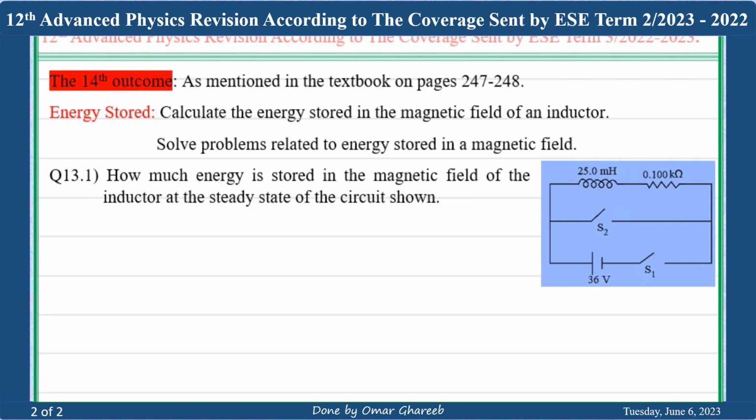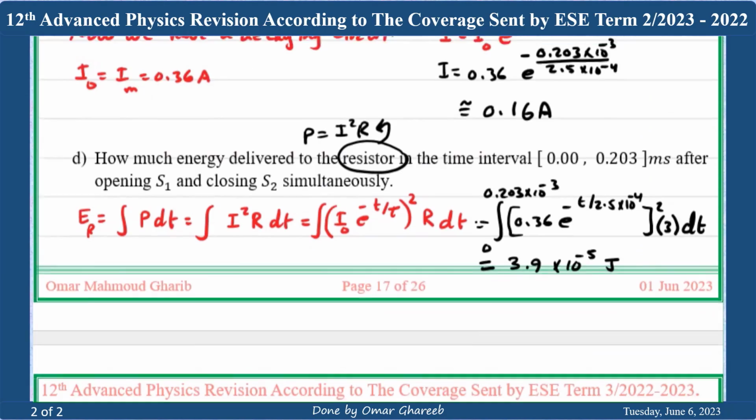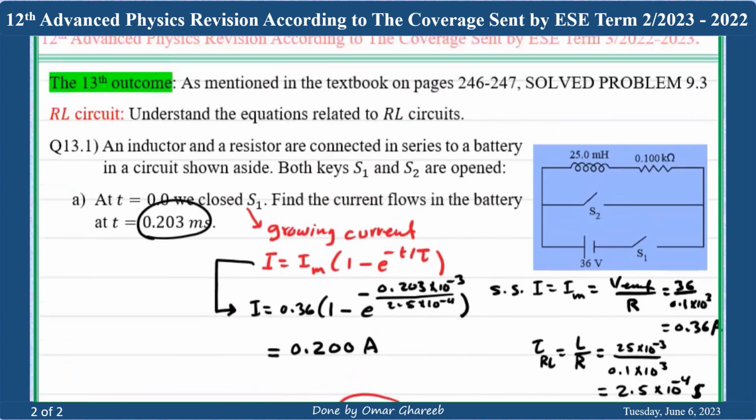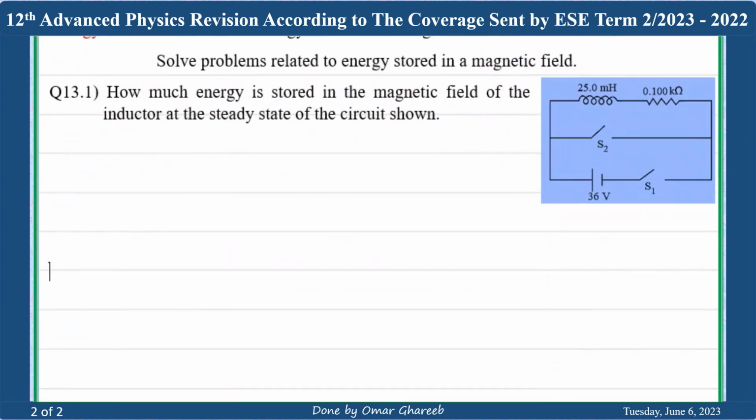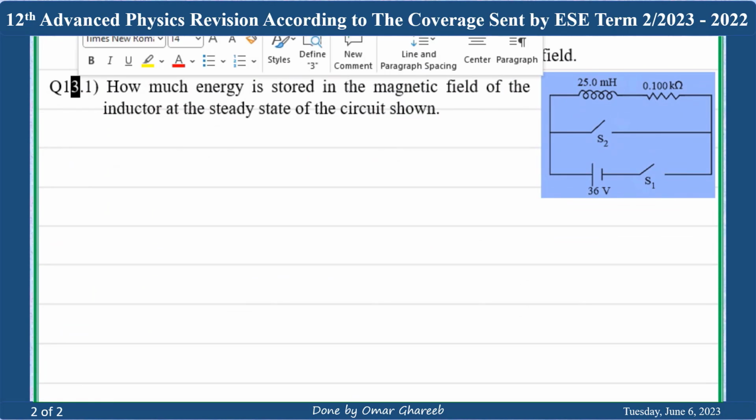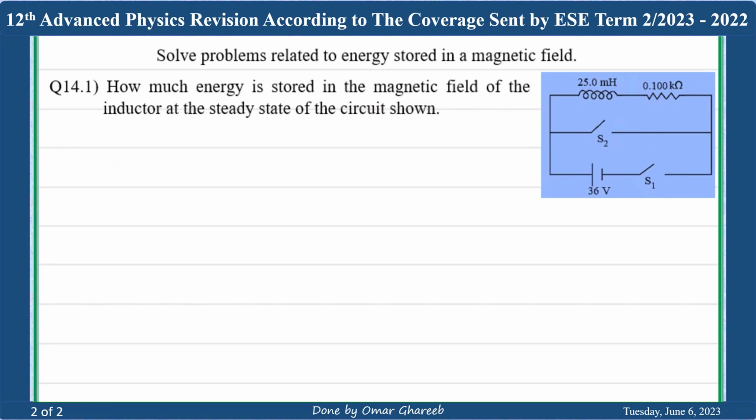Now for outcome number 14. Calculate the energy stored in a magnetic field. The question says, how much energy is stored in the magnetic field of the inductor at steady state of the circuit?